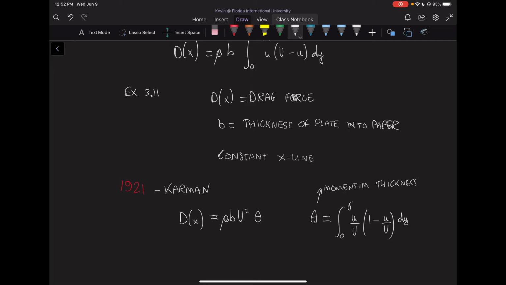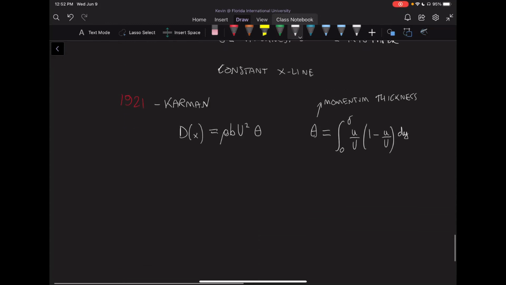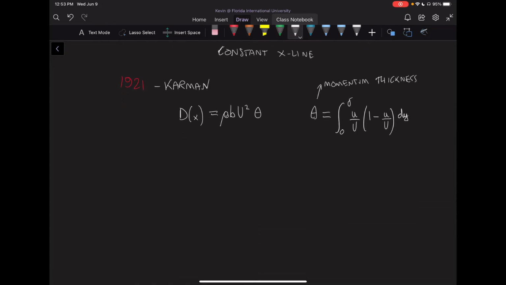Momentum thickness is therefore a measure of the total plate drag. What Kármán said is that the drag, with rho b and U squared being constant, was now a direct function of this new term called momentum thickness. They're directly related with each other.